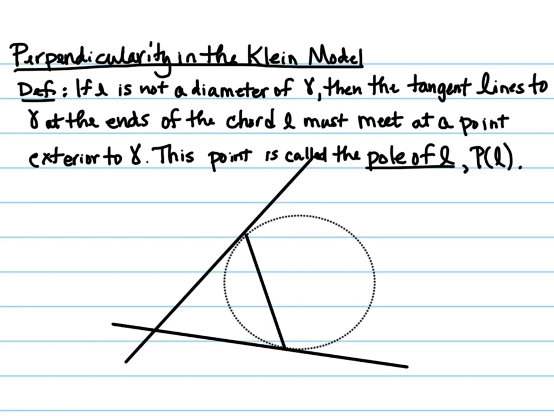Obviously, they're not drawn perfectly, but they give you the right idea. And then we've got chord L, and this point right here would be the pole of L, P of L. And you guys created a tool that created that. Hannah and I talked about that last class period. So using that definition, we're going to move forward with a little bit more of what we can do with this perpendicularity business.